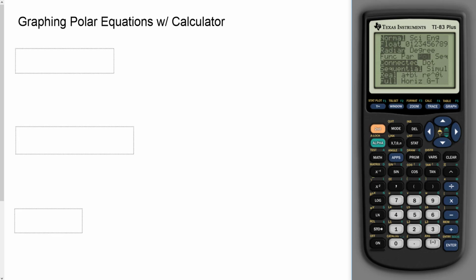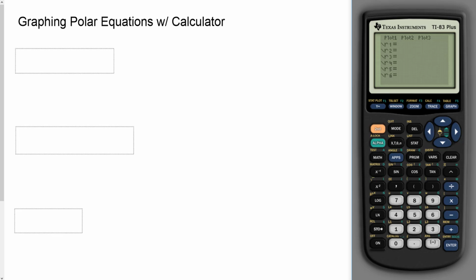If you select POL and then go to y equals, now notice your y1, y2, and so forth have changed into r1, r2, and so forth. And if you hit this variable key, you get a theta instead of an x. So it's ready to compute and graph equations in polar form rather than in rectangular form.